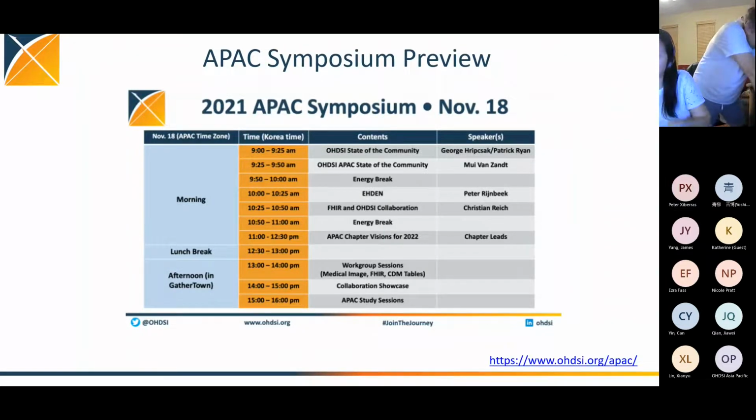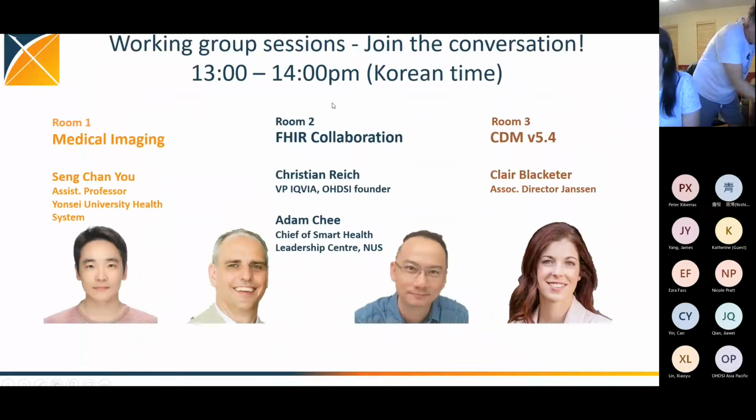For the working group sessions, if you can go to the next page, we have invited different guests from both Asia Pacific and the global community. In room 1, we have medical imaging, which Professor Chen will be leading. In room 2, we have a FHIR and OMOP collaboration.